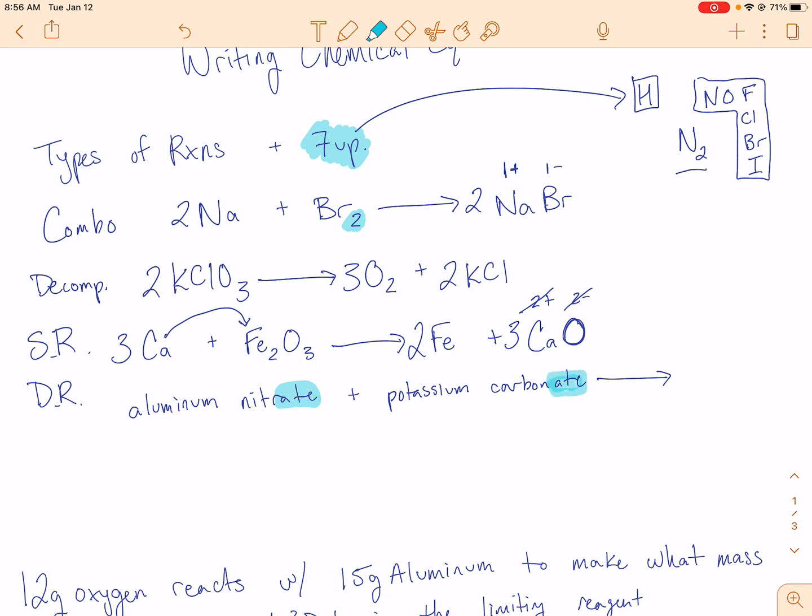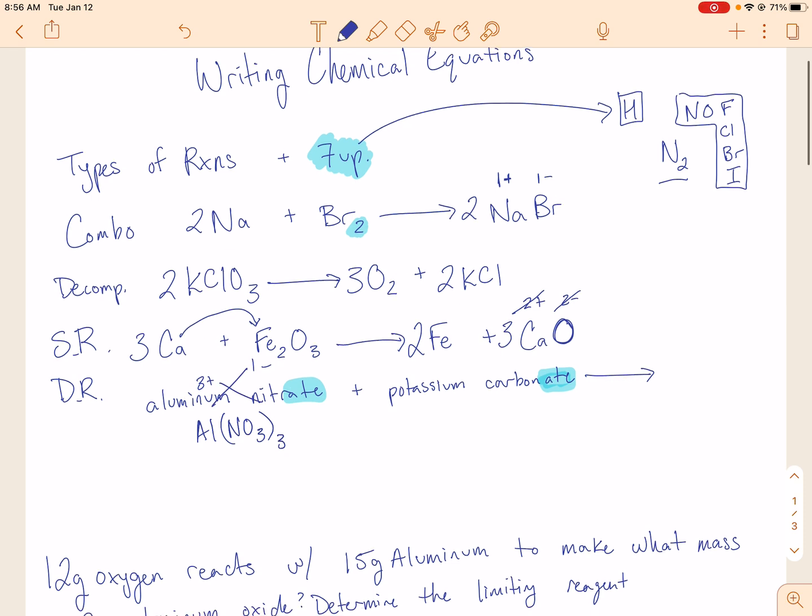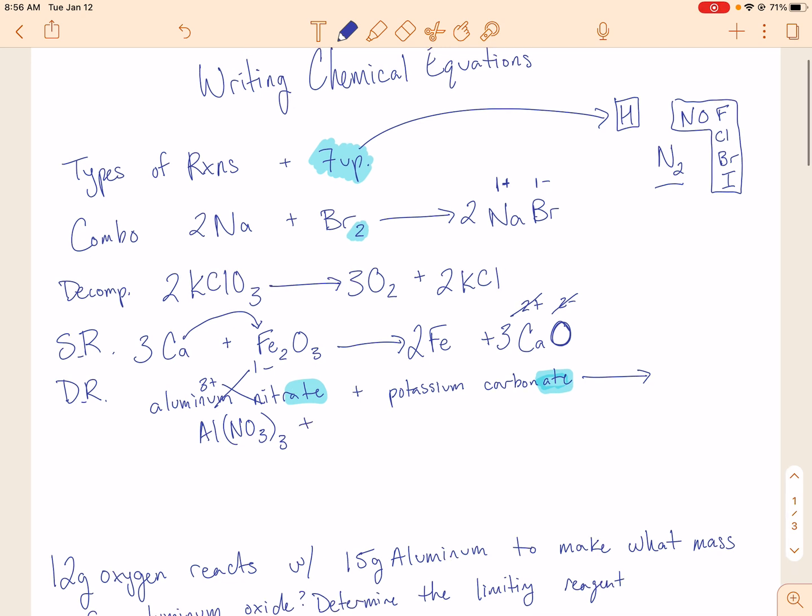You can find those as polyatomic ions on the back of your periodic table. So aluminum has a 3+ charge, nitrate has a 1- charge. This is going to be AlNO3, 3. So the 1 and the 3 are going to cross charges there. And then we have potassium carbonate, 1+ charge and 2- charge on the carbonate. That gives us K2CO3. So remember, those charges cross.